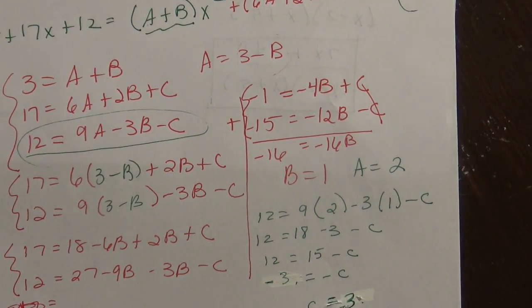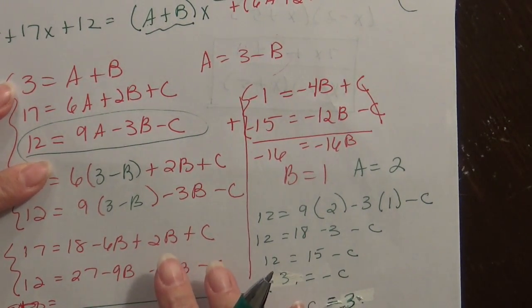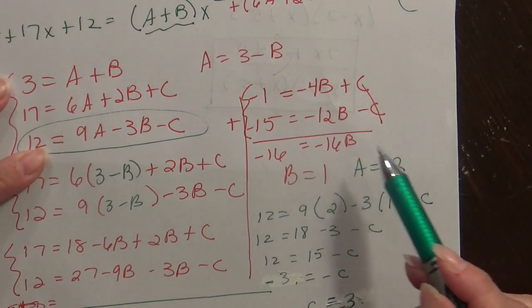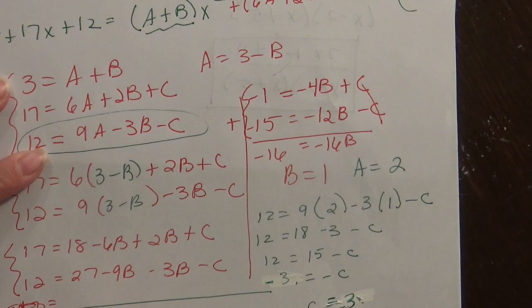So my answer for this, and I know I'm out of space, I think I can squeeze it in down here. Going way back up to the original, you can look at the top of your page. It was a over x minus 1, so that means I've got 2 over x minus 1.